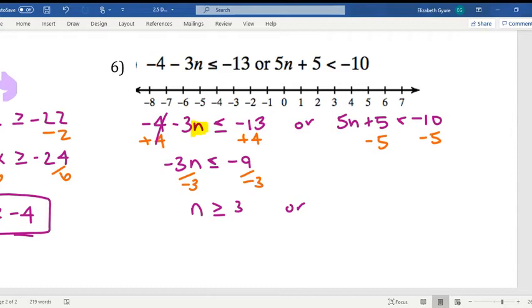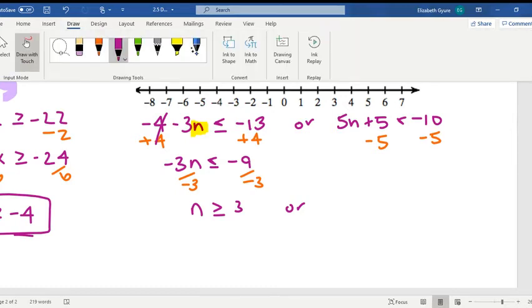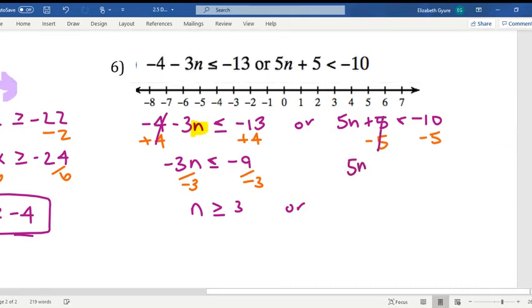So yes, we are going to subtract our 5. So that's going to give you 5n. These 5's cancel. Is less than, and then what is negative 10 minus 5? Negative 15. Very good.